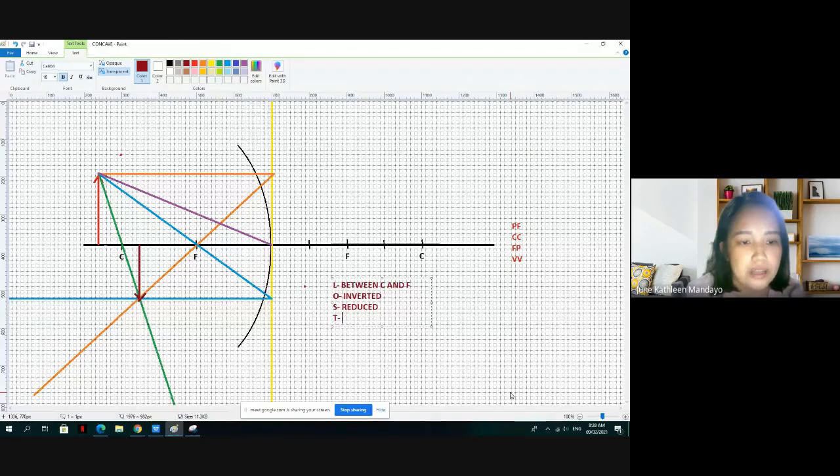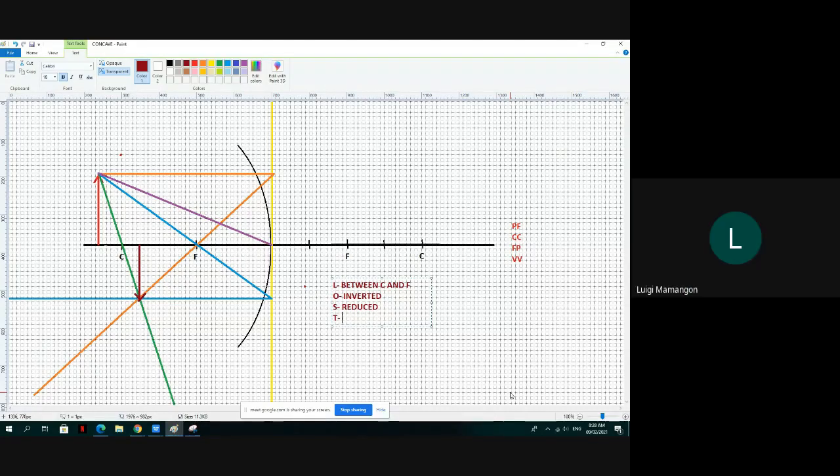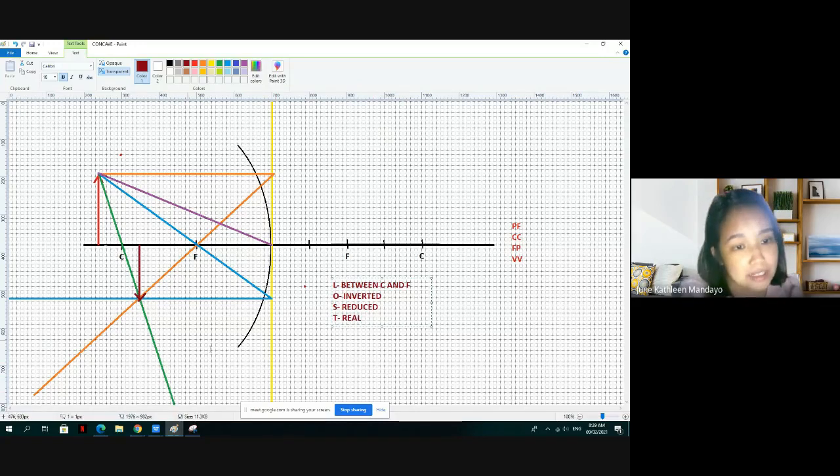Kapag virtual, gawa siya dun sa extension. Usually, ang ating notation for the extension ay yung mga dash, yung ina-extend natin dun sa kabilang side. Real po. Okay, so this is a real. So, nag-base lang tayo dito sa ating image.